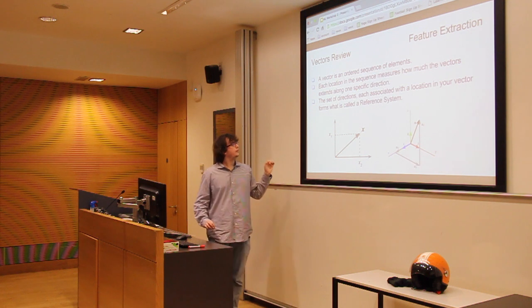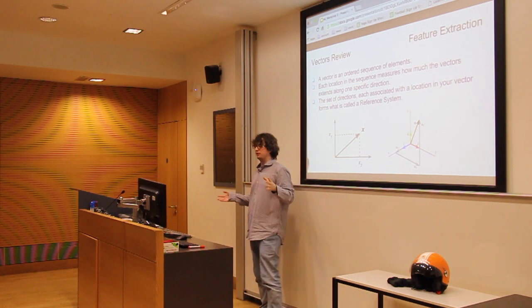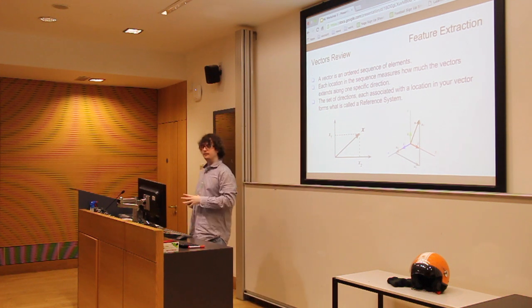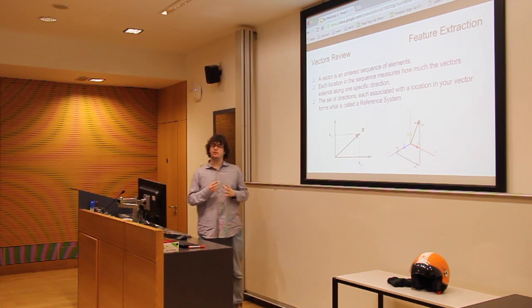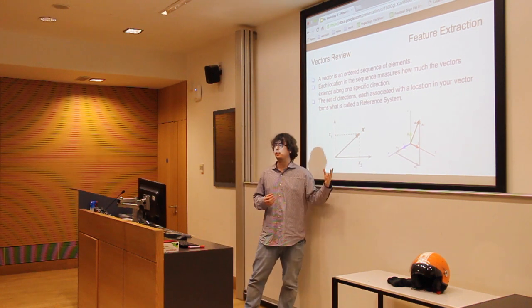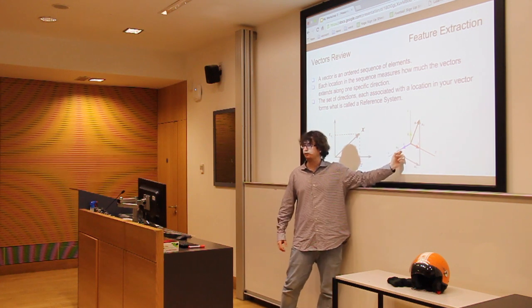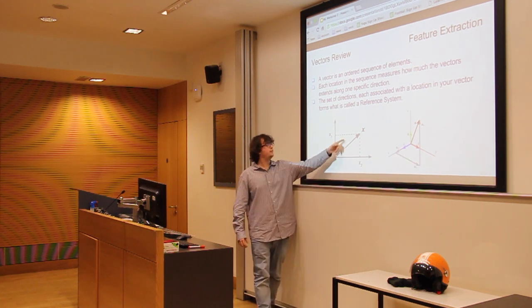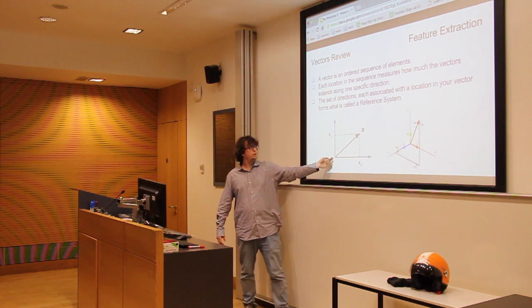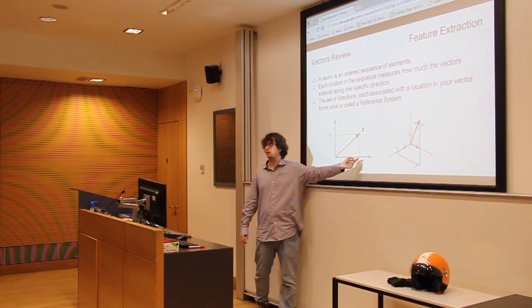So just as a review, a vector is an ordered sequence of elements. And you can think of each location in the vector as measuring how much that vector extends in one of k orthogonal directions. So if you have a vector x of 2 elements, one element will measure how far you go along this axis and the second how far you go along the other axis.